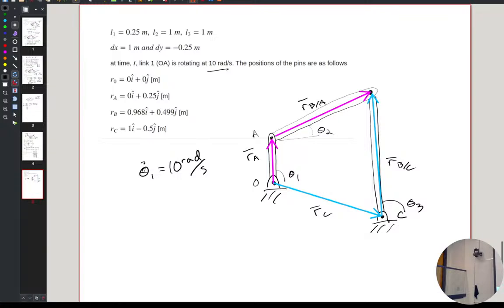Oh yeah, okay. Do we need new ones? Well, for B it doesn't change. RBC, RBA is the same. It's just different distances. Do we need new equations to solve for them?